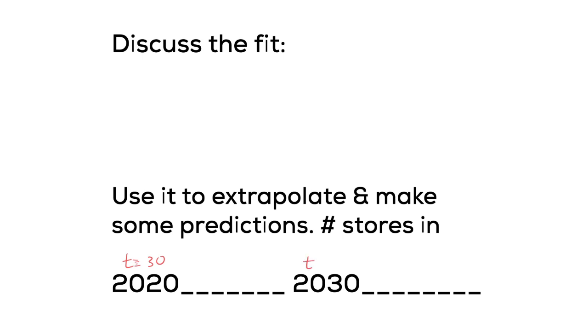And 2030 would have been time 40. We were testing to see how many stores there would be. What we got in 2020 was 919,437 stores, and in 2030, it was 19,415,205.